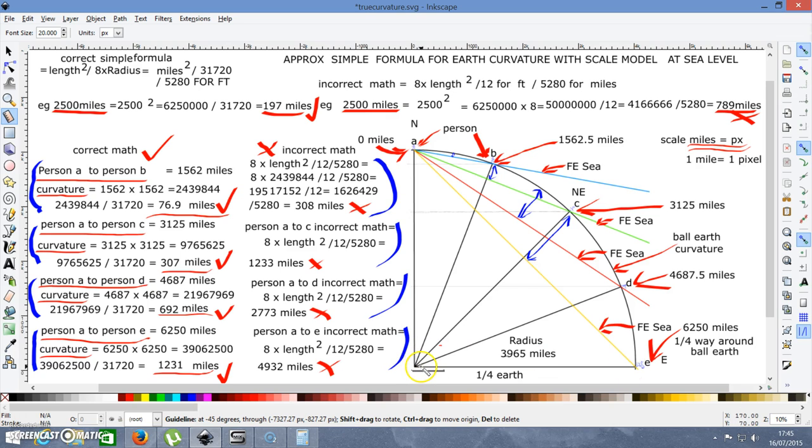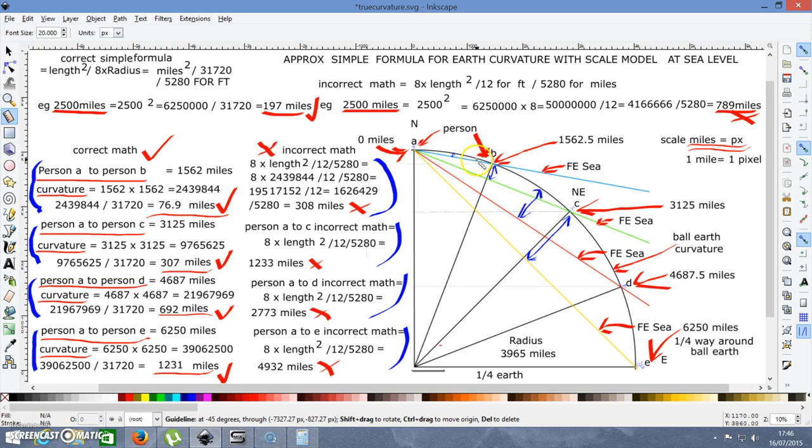We measure from the bottom to the top: 3,960 pixels. So this is the radius of the Earth. This is 1/4 of the Earth. That would be a north point, if you like, and that would be east. A, B, C, D and E are people on the Earth, which we're going to measure between to see what the curvature is.